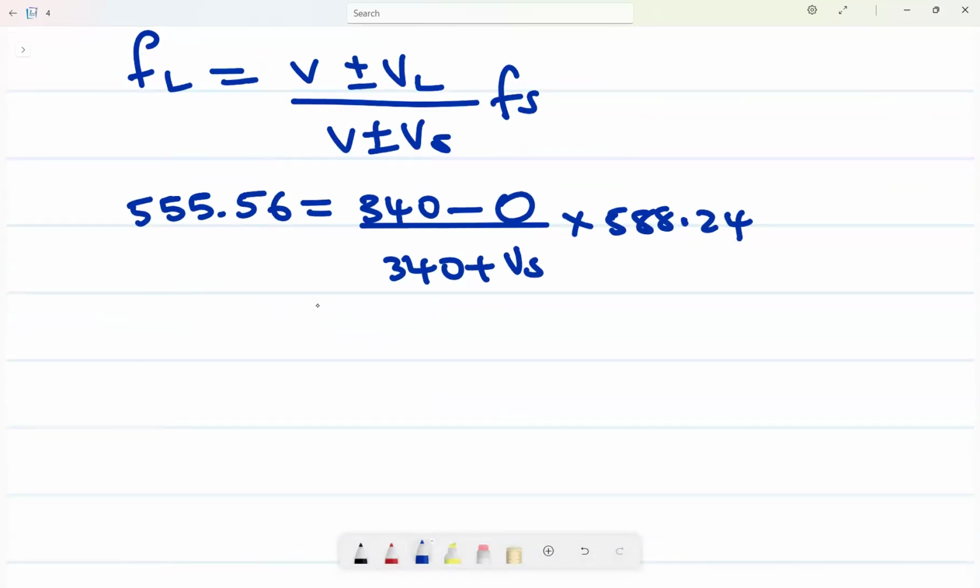Then you do a mathematical gymnastics. Say 555.56 divided by 588.24. You'll get something like 0.944444, like that. But you can leave it as 17 divided by 18. Then I want you to multiply.